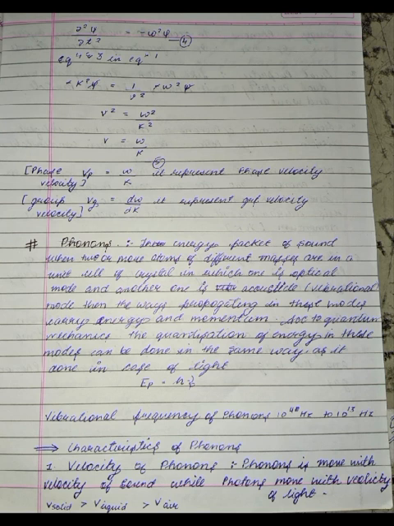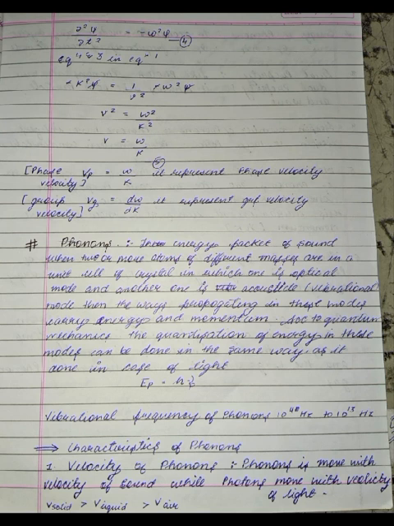Now we are putting equation 4 and equation 3 in equation 1. That gives minus k square psi equals 1 upon v square into minus omega square psi. Now v square equals omega square upon k square, because psi and psi will cancel out and minus will cancel out.